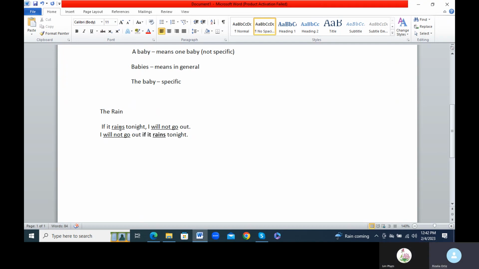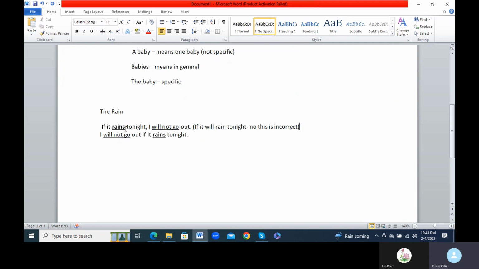Rains is in the present simple. You cannot use "if it will rain." This is wrong. It is not okay to say "if it will rain tonight." This is incorrect. So you just use the present simple form of the verb.